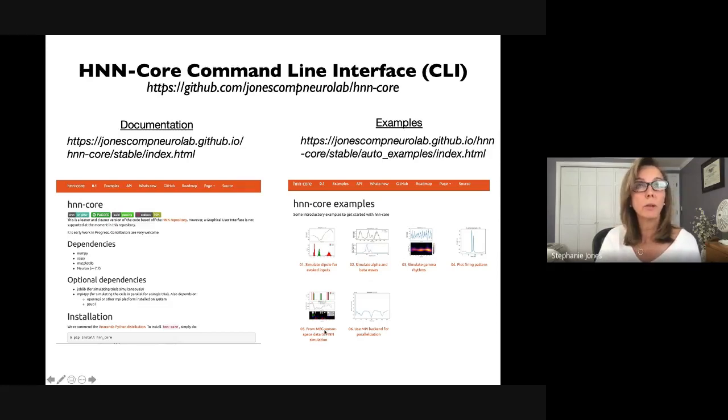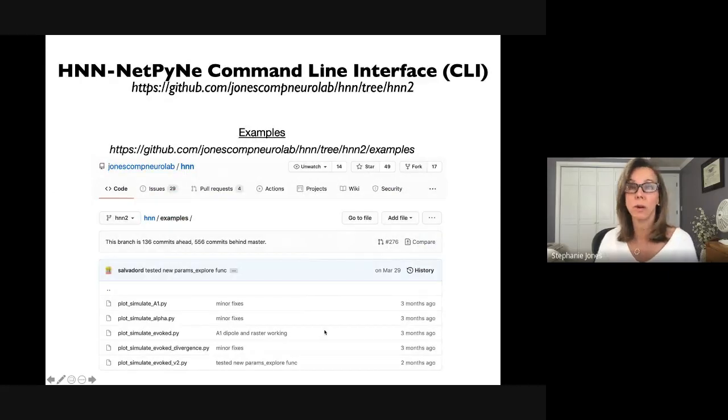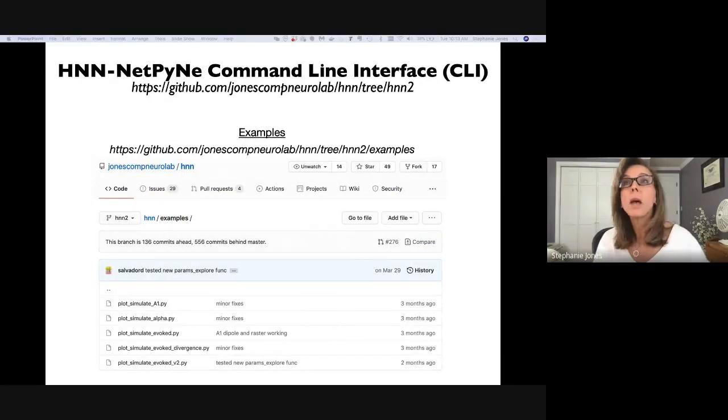The other thing we're pushing hard on is integration with NetPyNE. Salva has created, and I'm giving you the GitHub link here for, the latest version of our NetPyNE integration. Salva has created several examples of how you can use the HNN workflows in NetPyNE-developed models. Our original HNN model was converted to NetPyNE specifications in this plot simulate evoked.